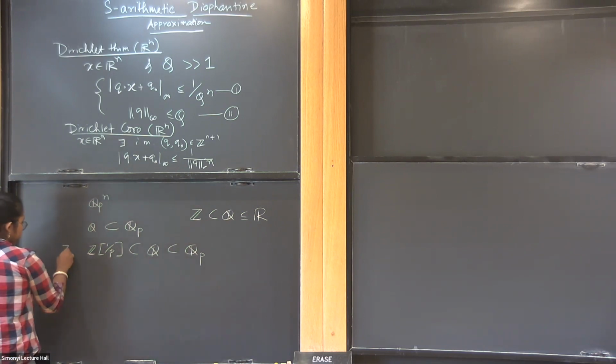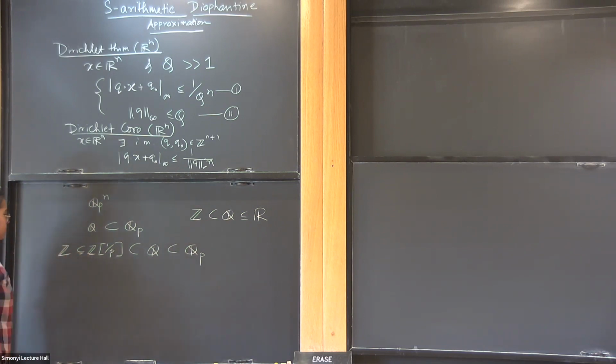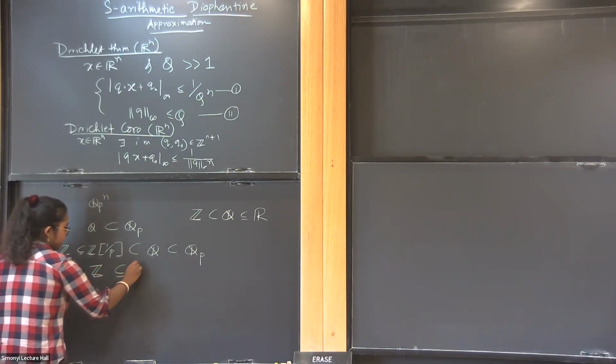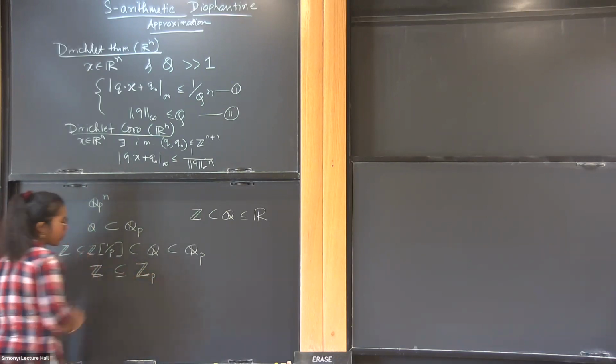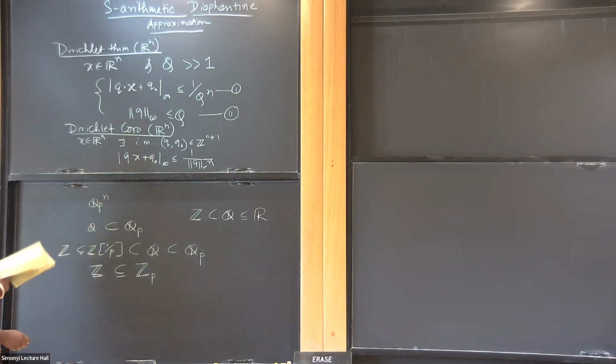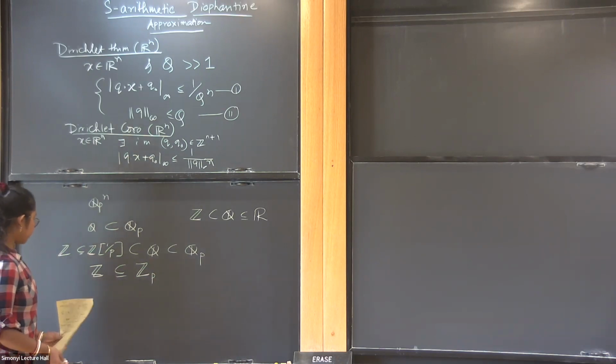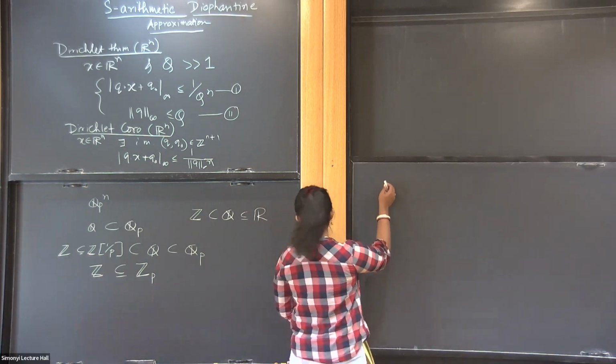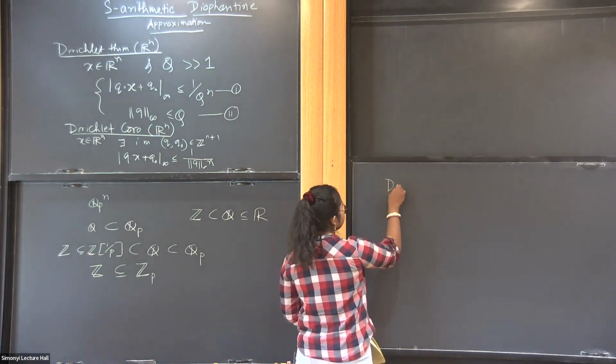So you can also take Z. The fact that Z is actually dense in the unit ball of Qp makes the Diophantine approximation a little bit different, and it's very natural. So let me write down Dirichlet's theorem in the case of Qp^n here.